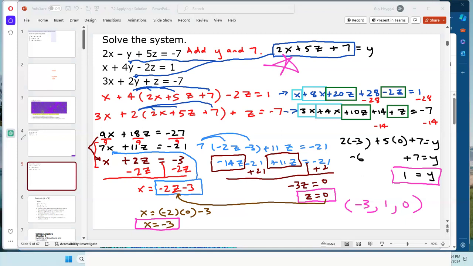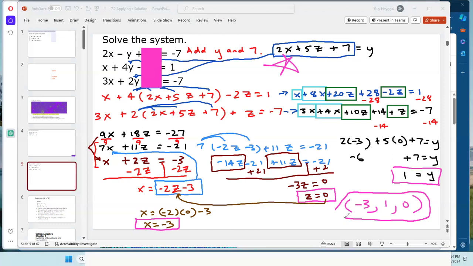Since z is 0, we can just mentally block out all of that. -3 plus 4 equals 1. -9 plus 2 equals -7. So yes, this is the solution to the system.